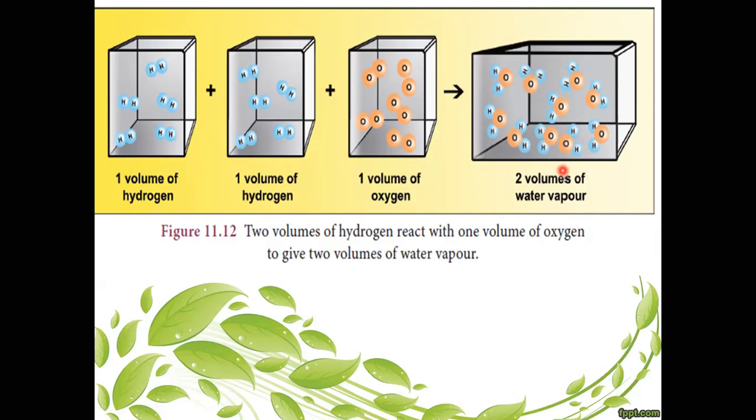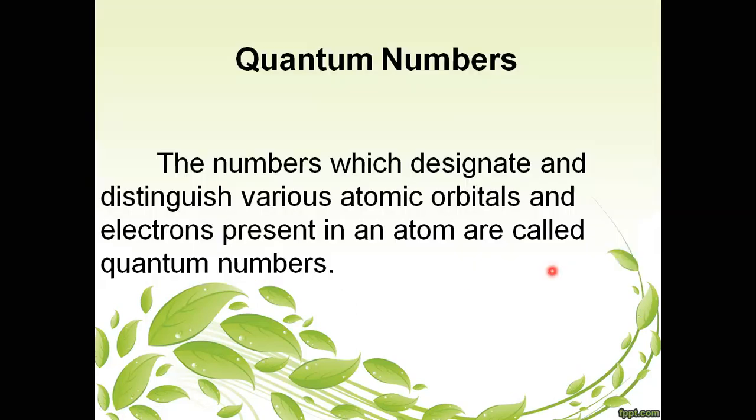The next one is quantum numbers. Quantum numbers help us uniquely identify an electron in the atom.